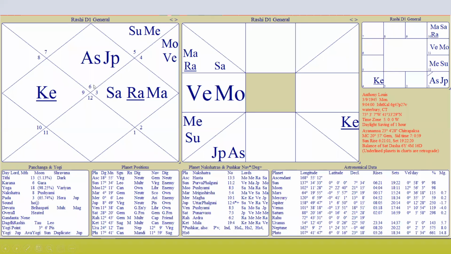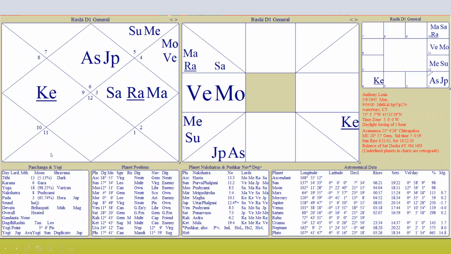Here, the angles are fixed. If Aries was your rising sign by default, then all the cardinal signs are here. It's a fixed zodiac. But here it is different. It's moving. So here, your rising sign is this, so all the cardinal signs are going to be in this big diamond, okay?